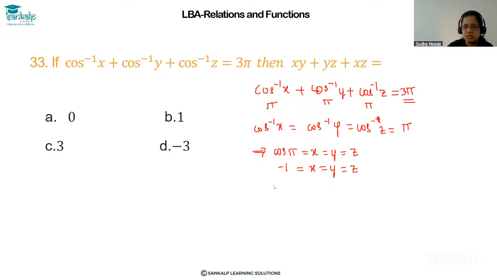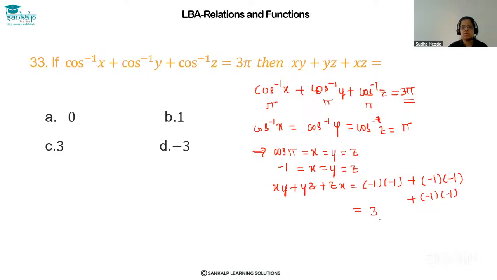Now you consider xy plus yz plus zx. So x is minus 1, y is also minus 1, plus y is minus 1, z also minus 1, plus minus 1 into minus 1, that is equal to 3.